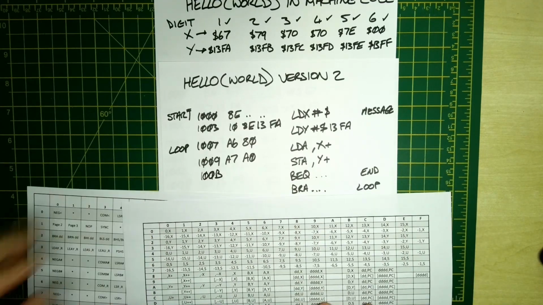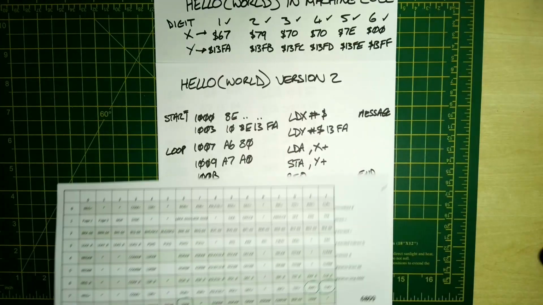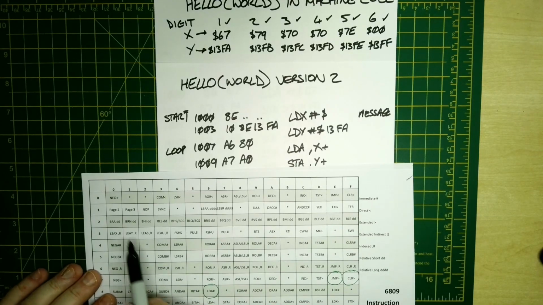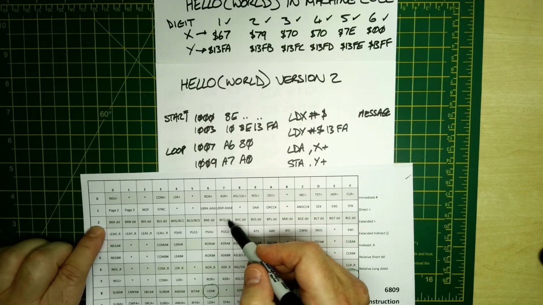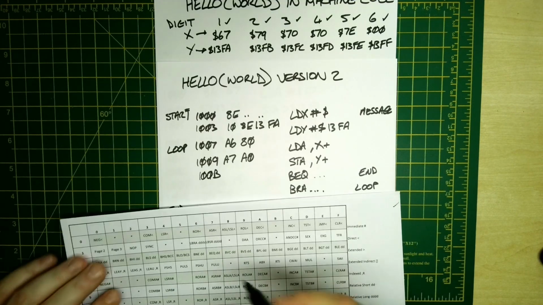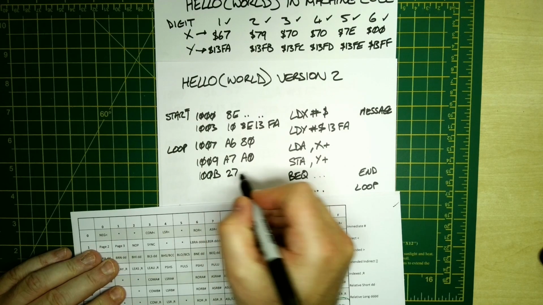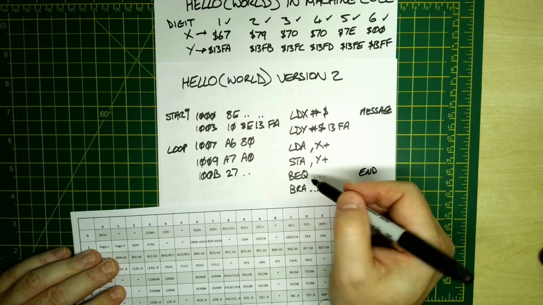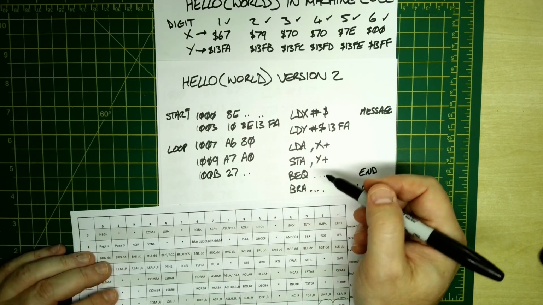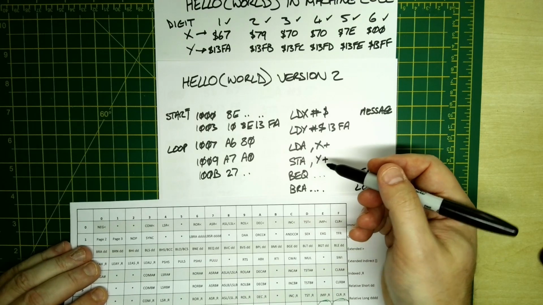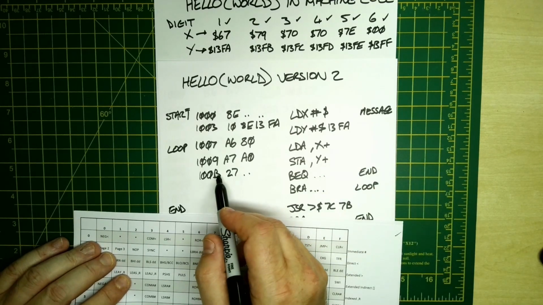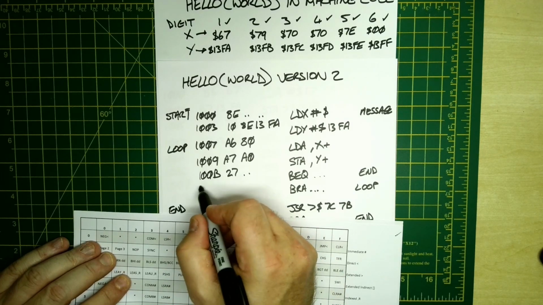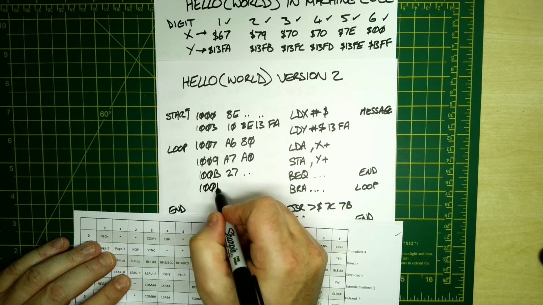And we need to look at what branch equal is. So branch instructions are along here, and branch equal is 27. And then we're also going to have the offset, but we're going to use our built-in example program to calculate the offset. Okay, so then this is 100C, the next one is going to be 100D.